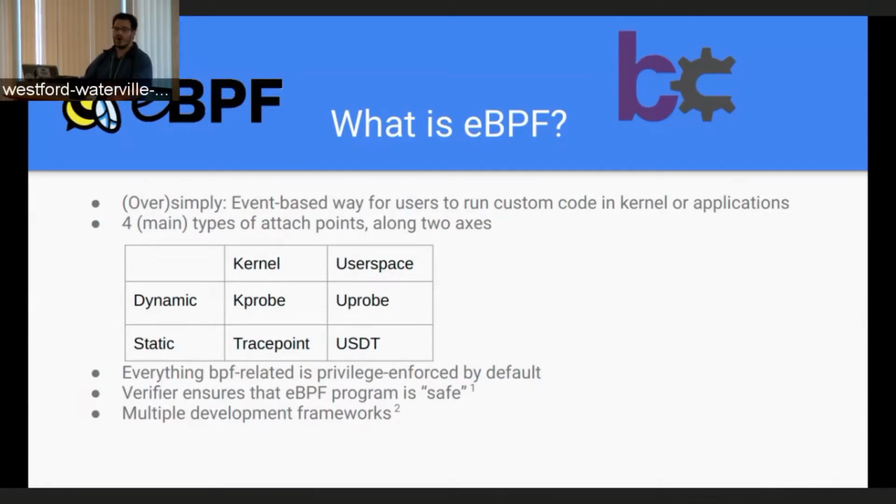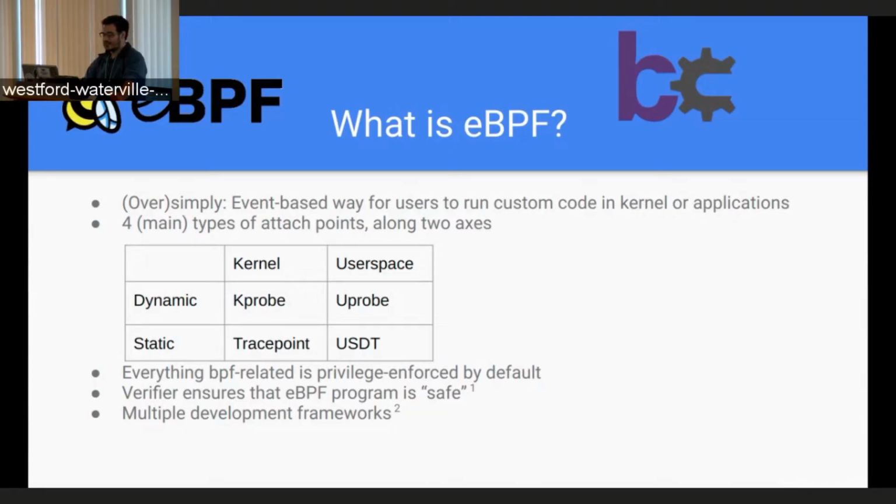There are ways to enable unprivileged eBPF. There are limitations to it. I didn't really deal with it, so I'm just going to ignore it. And since we're running user space code possibly in the kernel, we need to make sure that it's not going to crash. And so eBPF has the verifier.